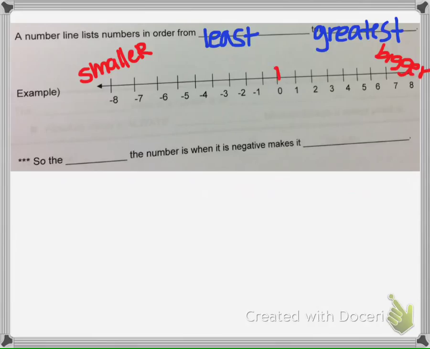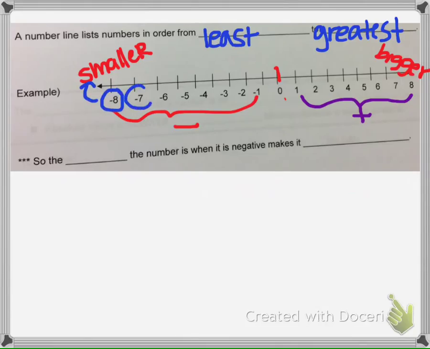So as you can see, we have 0 here, and then we have all the negatives, and then we have all the positives here. So what you should see is that -8 is smaller than -7. So the bigger the number, when it has a negative symbol, though, makes it smaller in value.